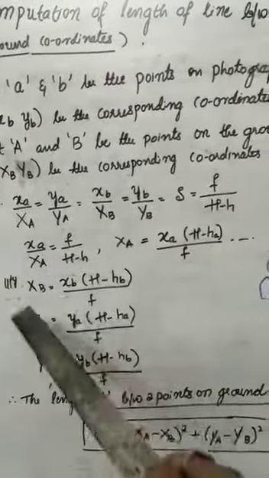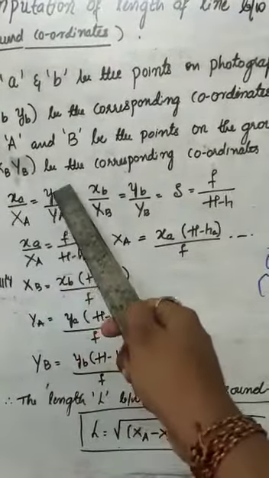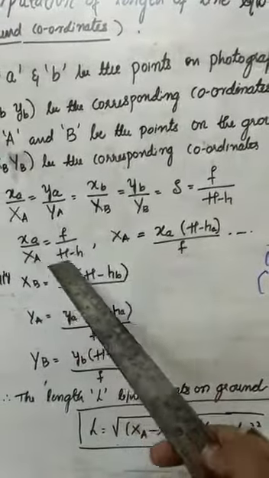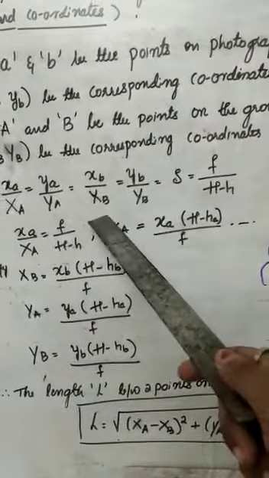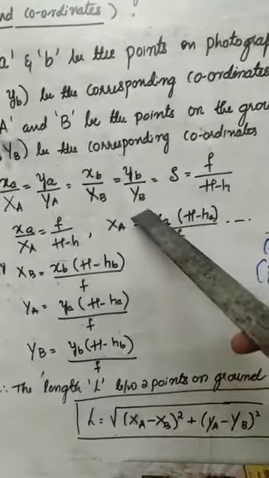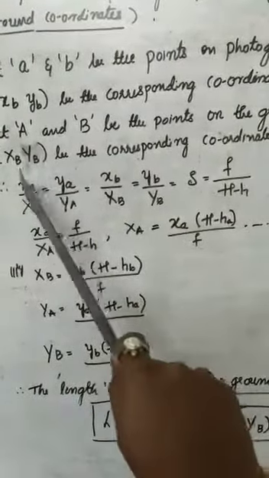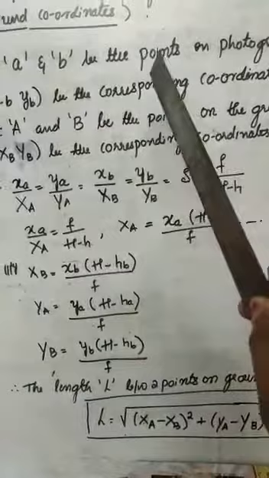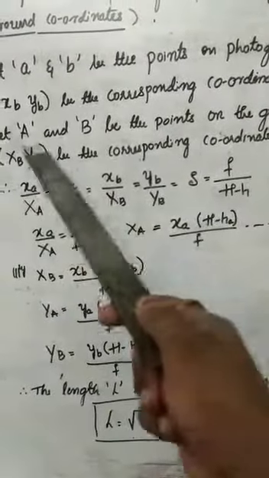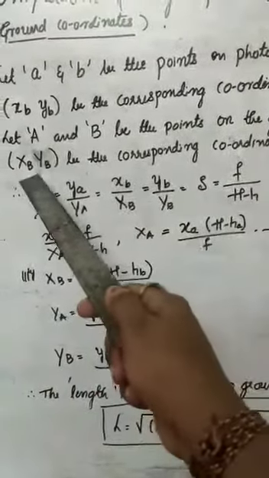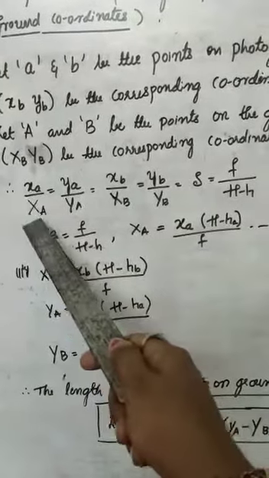That is small xa by capital XA, small ya by capital YA, small xb by capital XB, small yb by capital YB. Instead of taking a single portion and equating it to s, we have written the entire thing, that is photo distance by ground distance.